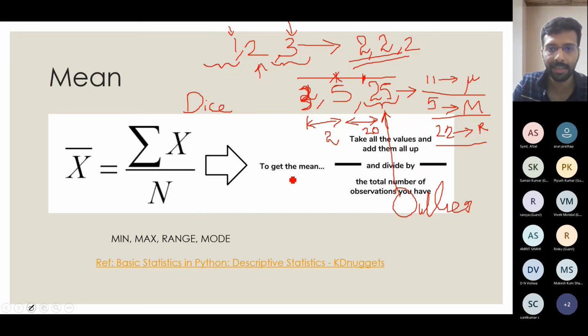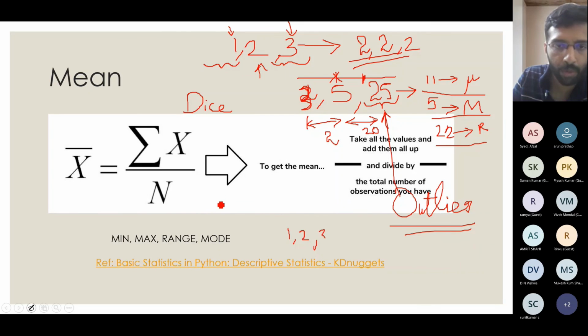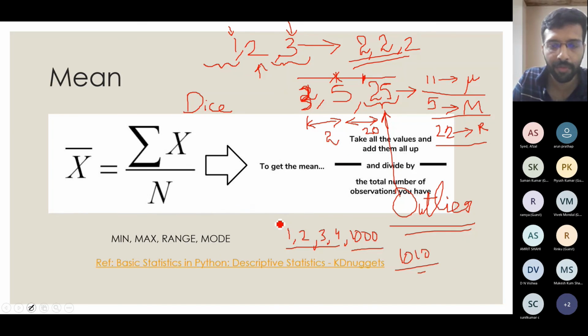That is, it is not matching with the actual behavior of the data which I am expecting for the particular problem statement. So when we have a data similar to this, which has too many outliers, or which is not particularly distributed or is biased towards one end. Suppose I have data like 1, 2, 3, 4, 5, and 1,000. Then when I go for mean, all these are small values, whereas I have just a very high value, 1,000 here, which will be biasing my mean. This will be 15 plus 1,000, divided by 6, as my mean.